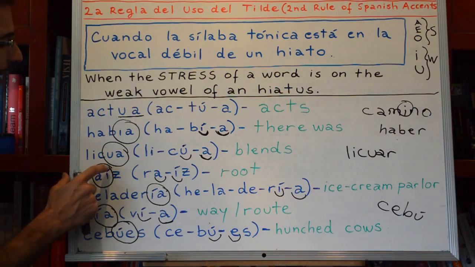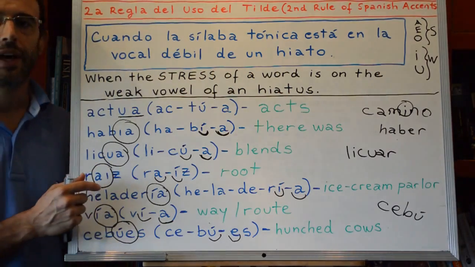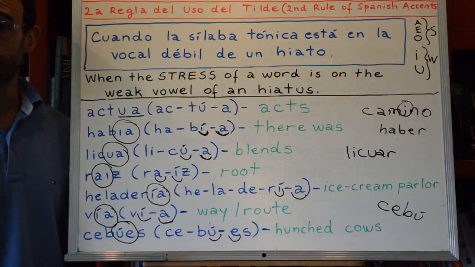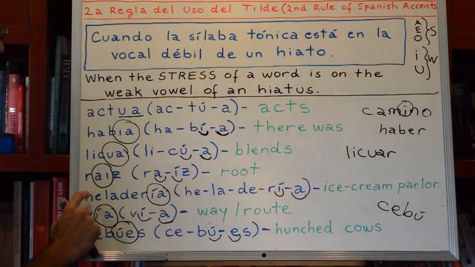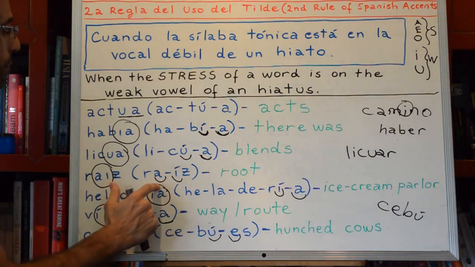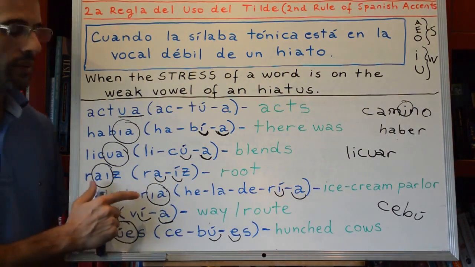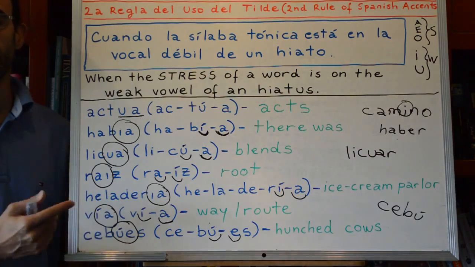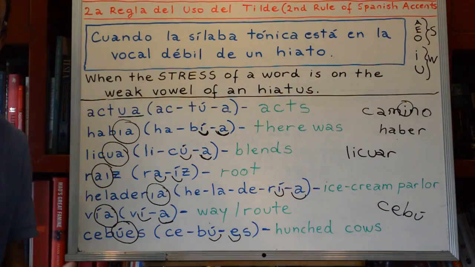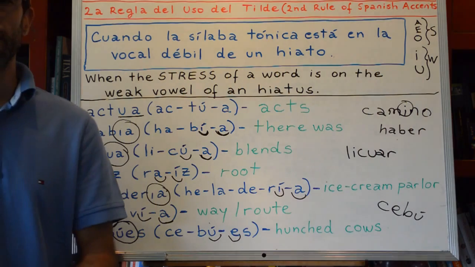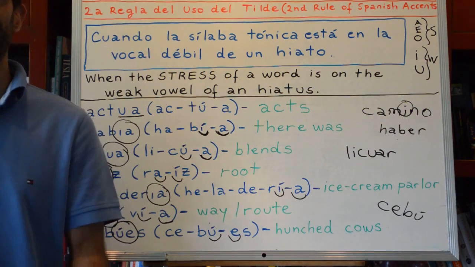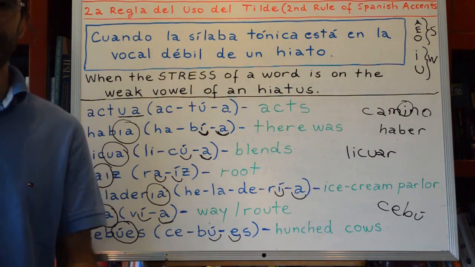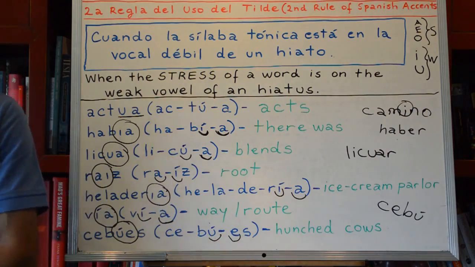The word raíz. If you omit the tilde, this reads raiz, which means nothing. The word heladería. If you omit the tilde, this reads heladeria, which means nothing, and actually it sounds more similar to the word refrigerator, which is heladera. Right? Heladera means refrigerator.